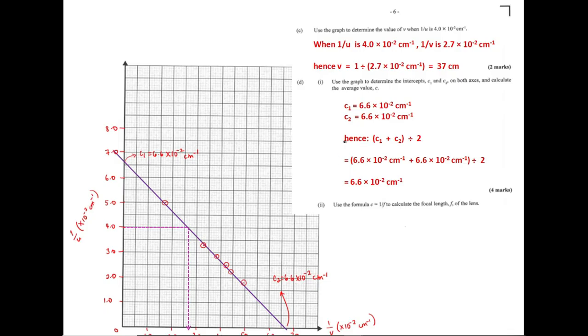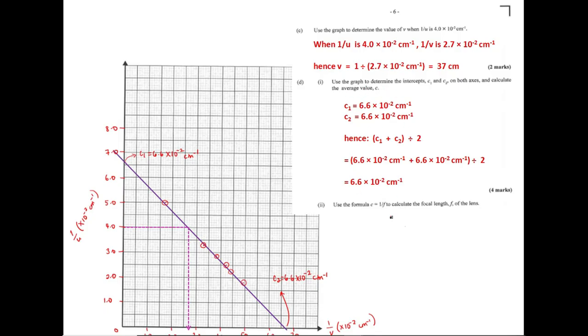Then I showed my knowledge by saying, hence, if you want to find the average, because to calculate the average value, you have to add the two numbers and divide by 2. Since it's the same number, you don't have to do too much thinking or any calculator work, because you get back the same answer, so it'll be 6.6 times 10 to the negative 2 per centimeters. So that's the average value of C, okay?